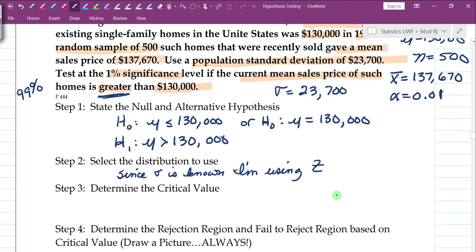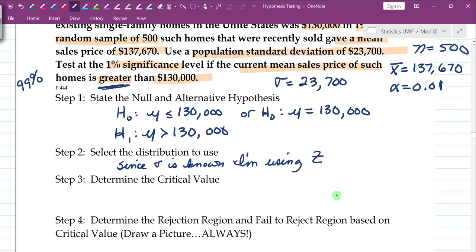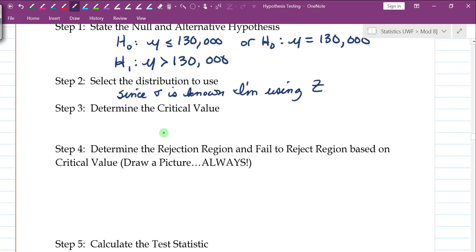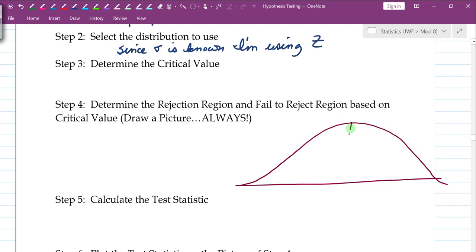Our critical value, again, let's go ahead and draw our picture first. We've got a right tail test. The reason I know it's a right tail test is because I have a greater than sign. So the generalized picture will look like this. I will draw my standard normal distribution, put 0 in the center to represent our mean.